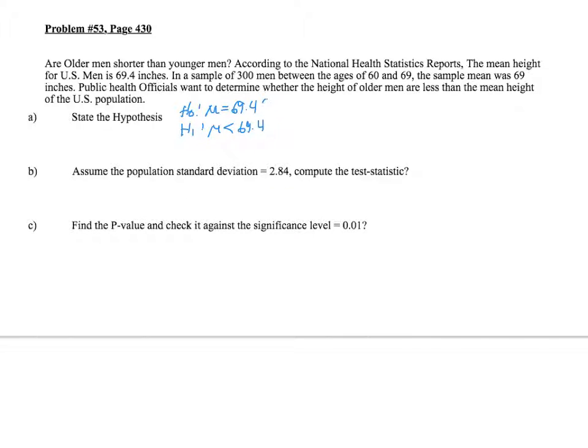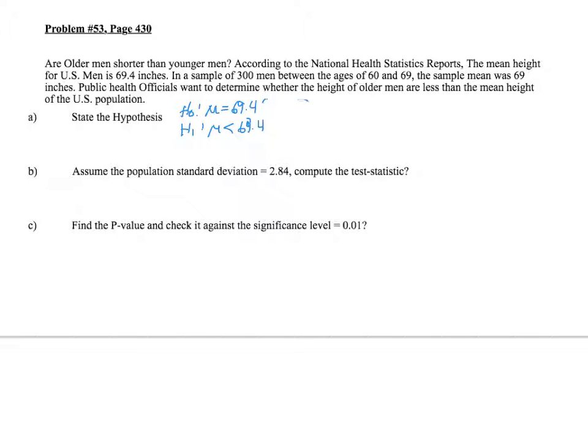I apologize for my bad scribbling here, but it's hard to use it on this machine. Anyway, there's pieces of information we want to write down before we compute the test statistic.